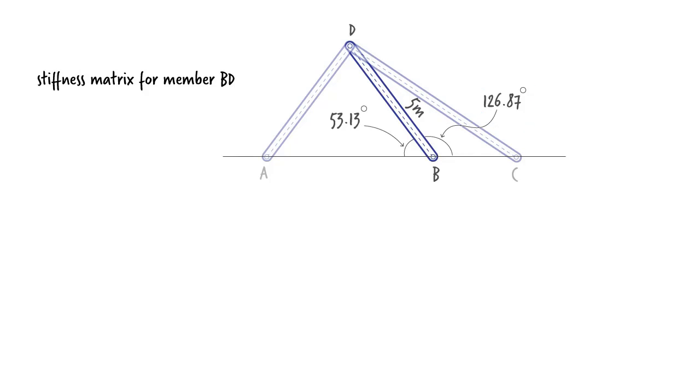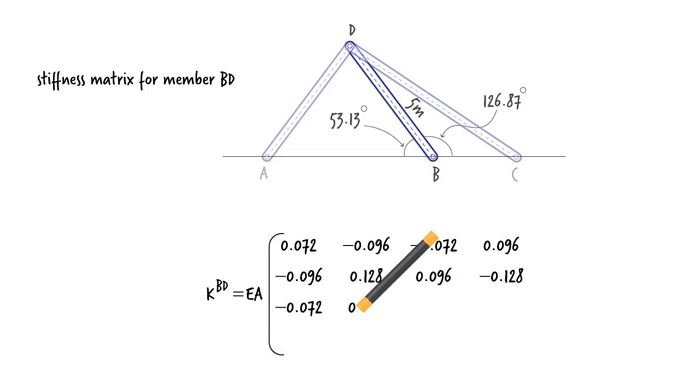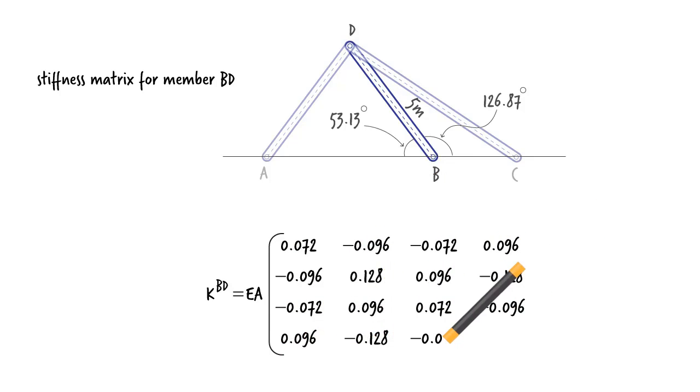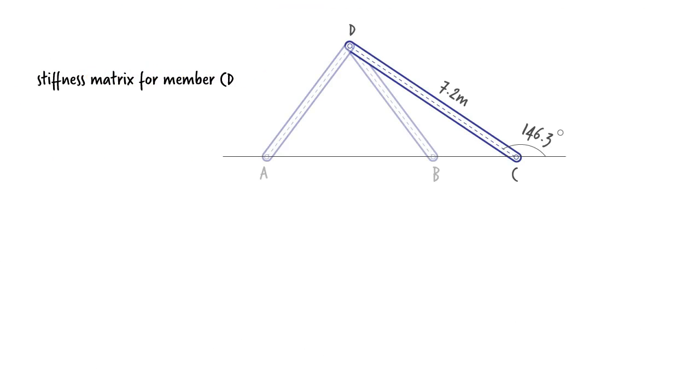That gives us: for CD, the member length is 7.21 meters and the inclination angle is 146.31 degrees.